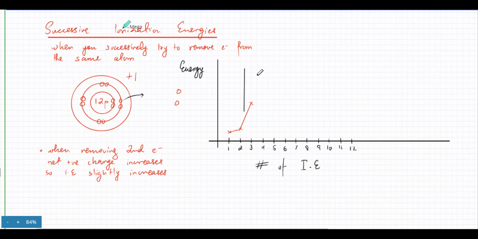Plus, it's less shielded as well. I mean, this outer shell is gone. So the number of inner shells are now fewer, because between the electron and the nucleus, there's only one shell coming in the way. So it's very close to the nucleus. So there are three factors in play now. One of them is distance decreases.